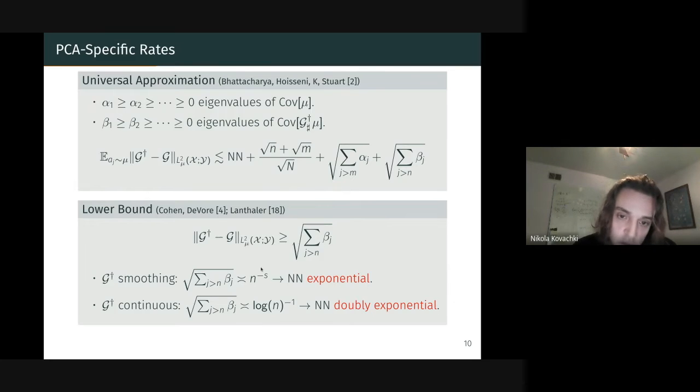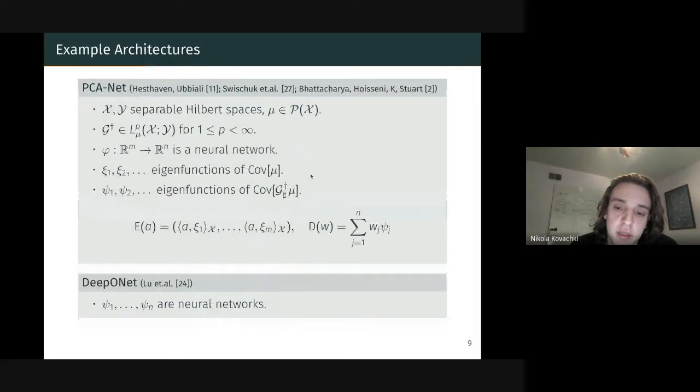This, I would say, is the first manifestation of what I'll call the curse of dimensionality, which will show up quite a few times. And this curse of dimensionality occurs for this particular method because it's a linear method, because all I've done here is use this D to project onto n eigenfunctions.